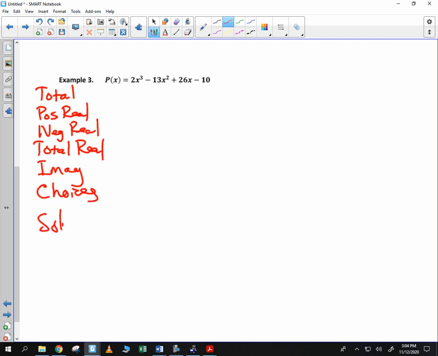I have the solutions. And other than the solutions, I have the factored form. And so as we work through this, our total number of solutions, as you can see, is going to be 3 due to that exponent. As I determine the number of positive real solutions, I look for 1 sign change, 2 sign changes, 3 sign changes. So there are 3 positive real solutions or less by a factor of 2, so 3 or 1.